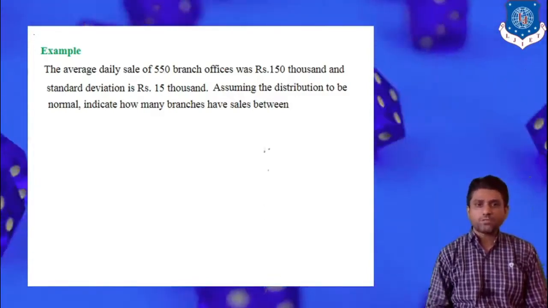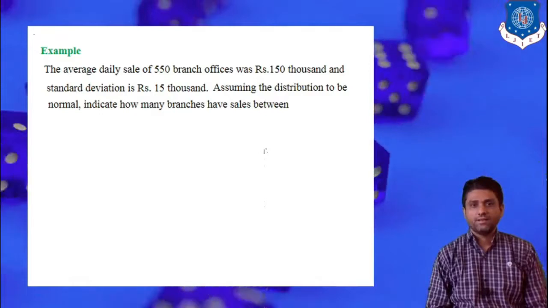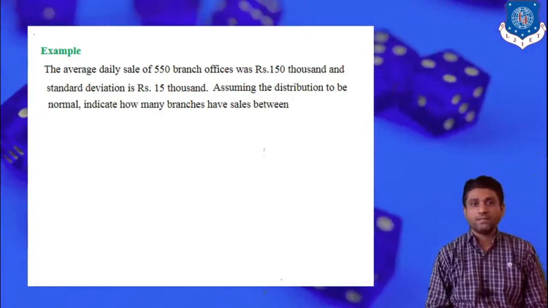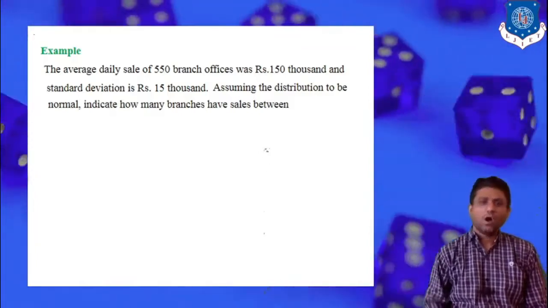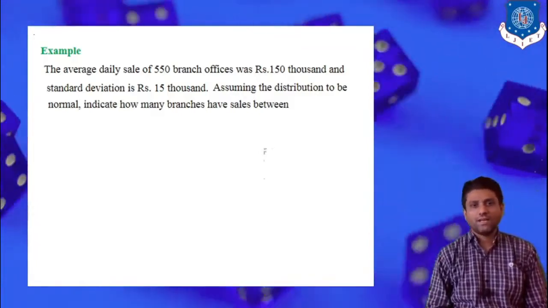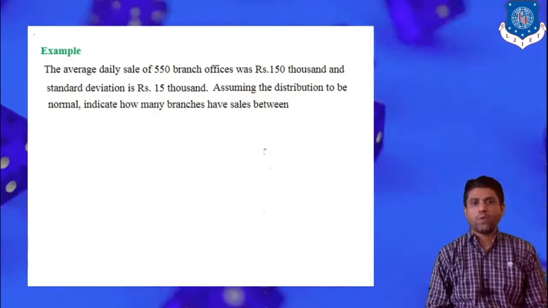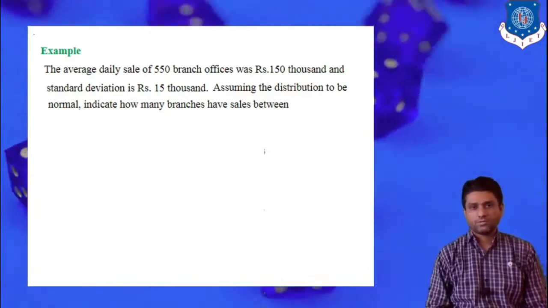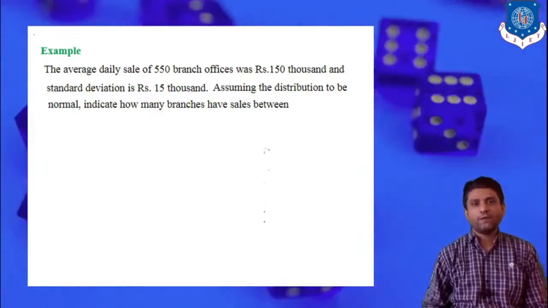So it may be possible that on a particular day the sale of an office is 150 plus 15, that is 165,000. Or on a particular day the sale becomes 150 minus 15, that is 135,000. So this is the range, 135 to 165.